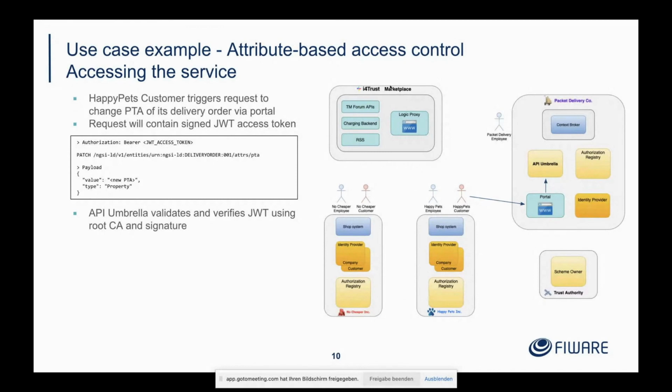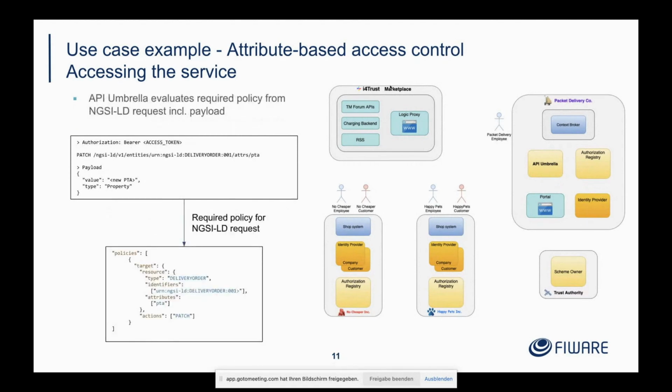And when this has been verified, API Umbrella needs to evaluate from the incoming NGSI-LD request what the actually required policy is to perform this request. So it needs to translate the parameters of this NGSI-LD request into a policy in this iSHARE format, identifying: okay, it's going to access an entity with this ID of type delivery order, it's going to access this attribute PTA, and it's going to do a patch request.